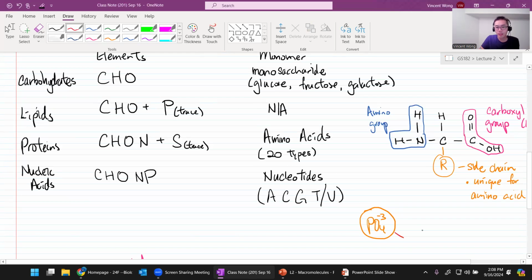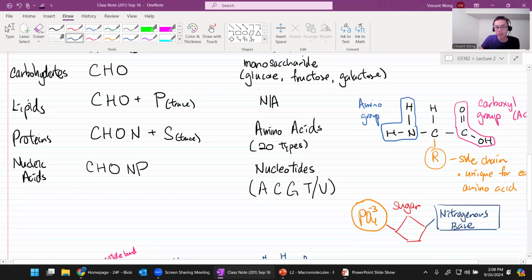There is going to be a sugar, which is represented by the pentagon here. And also, we are going to have a base here, the nitrogen base. Sometimes they call it nitrogenous base. It doesn't matter. The whole thing is a nucleotide.